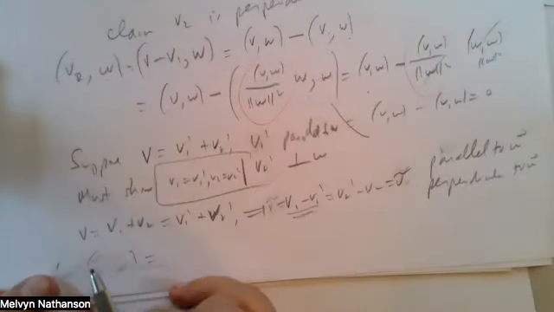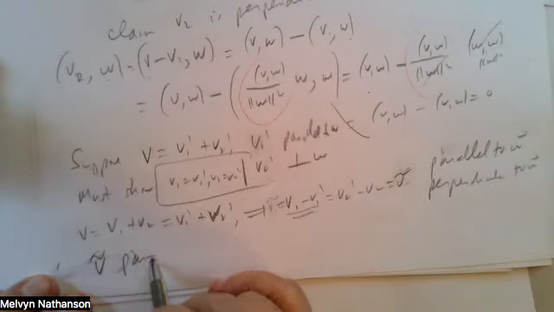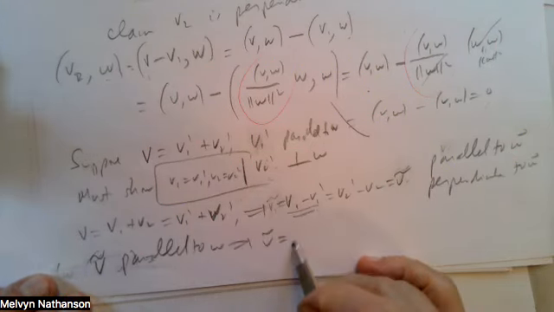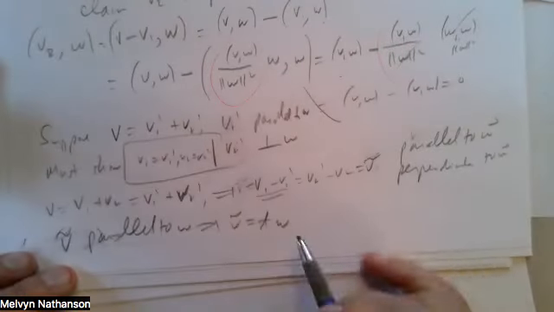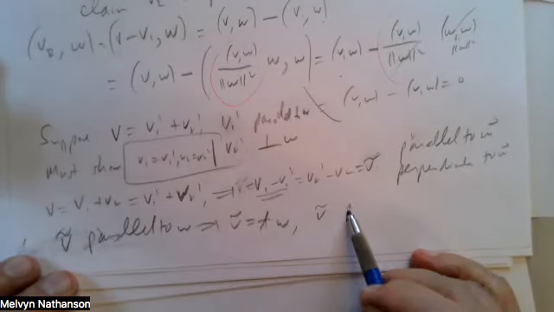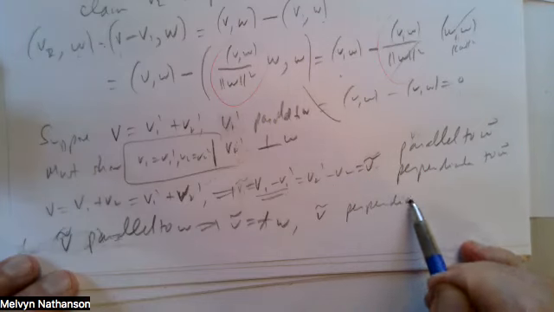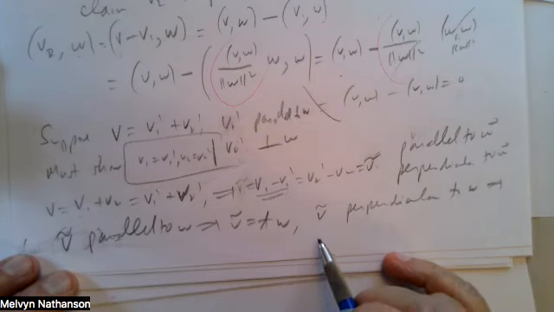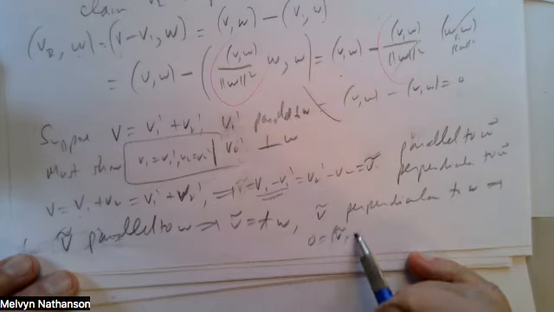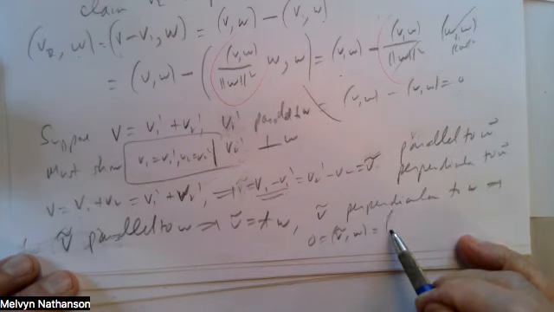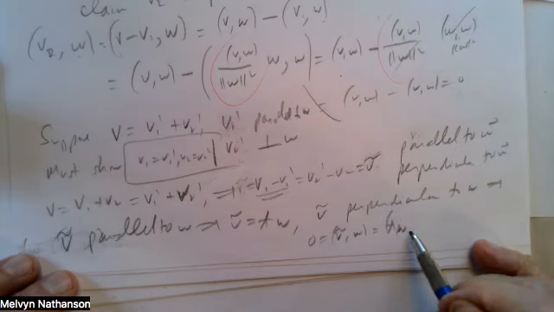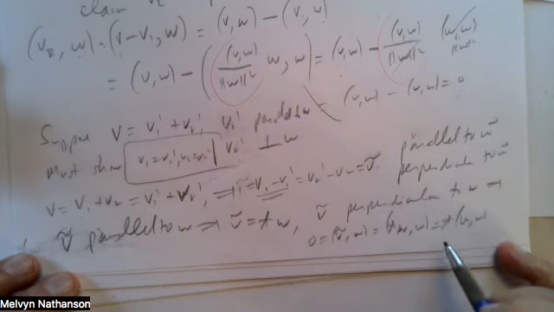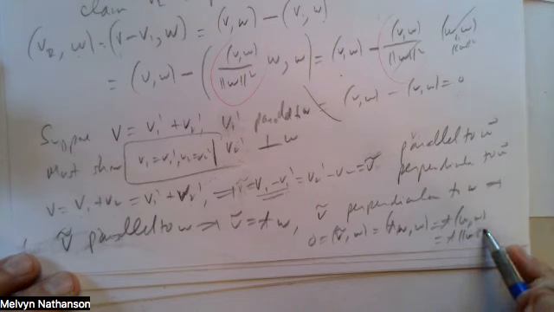So V tilde is parallel to W, so V tilde is some scalar multiple T times W. On the other hand, V tilde is perpendicular to W. So 0 is the inner product of V tilde and W, but V tilde is TW, so this is the inner product of TW with W. This is T times the inner product of W with W, that's T times the length of W squared.